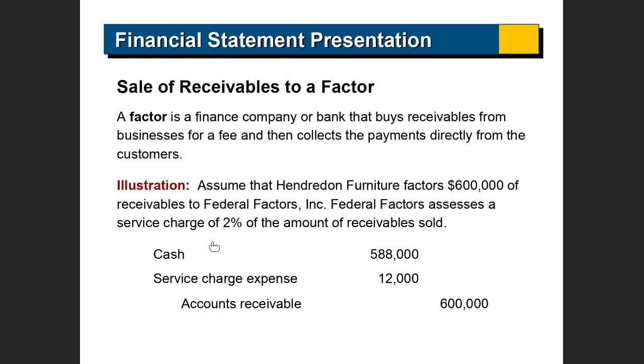And again, a factor is a finance company. A factor is called a factor because they take a fraction of that, and they reduce the accounts receivable by that amount, but they go and try to collect the whole amount. Follow? Okay.